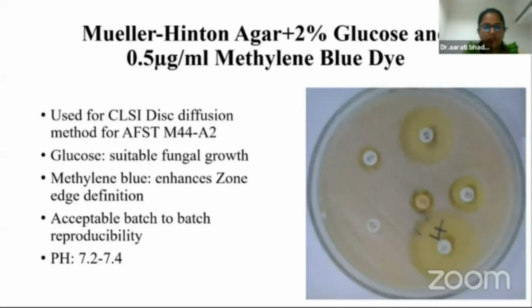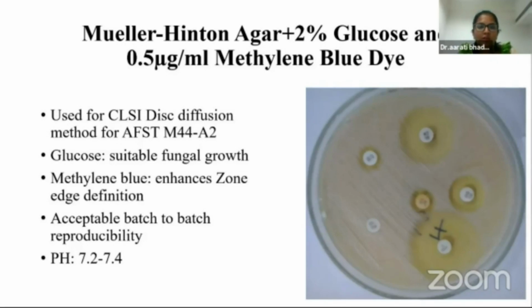And the last medium is Mueller-Hinton agar with 2% glucose and 0.5 microgram per ml methylene blue dye. This medium is used for the disc diffusion method for AFST, M44-A2.